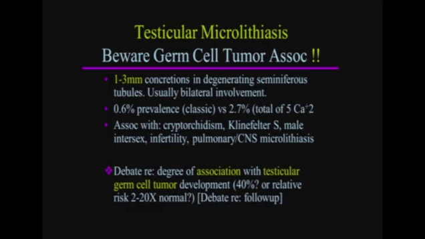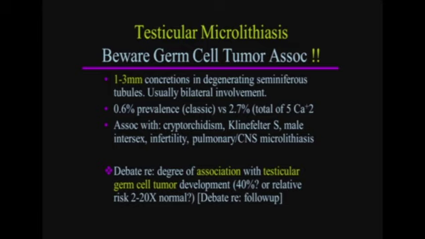Usually there's bilateral involvement. It's said that there is a 0.6% prevalence of the classic variety in the normal population, with a 2.7% prevalence of a total of 5 calcifications throughout the testes in the general population.